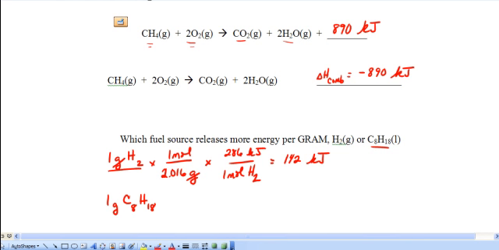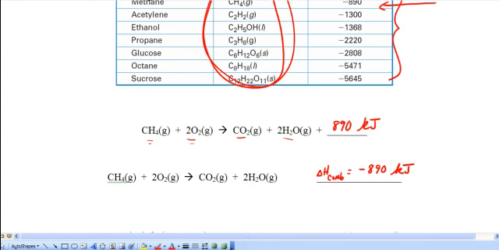If we do the same thing with octane, octane has a molar mass of 114.22 grams per mole. So we divide by 114.22, and the energy released for octane is down here.